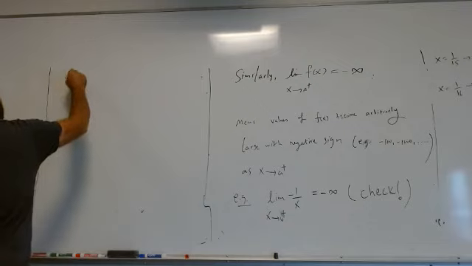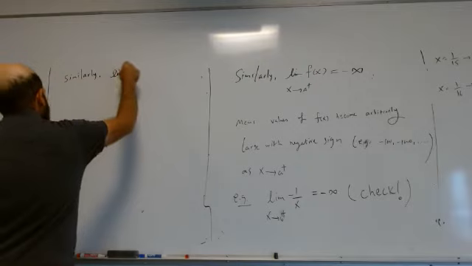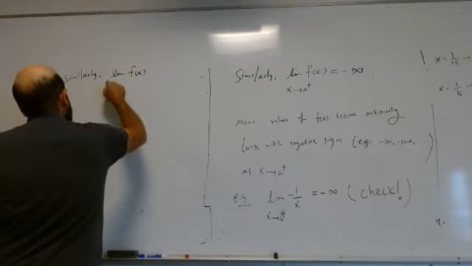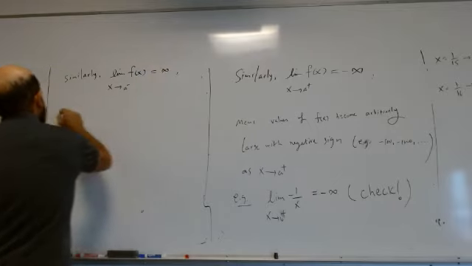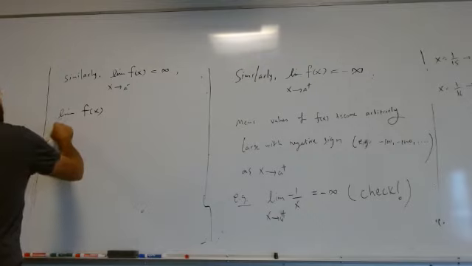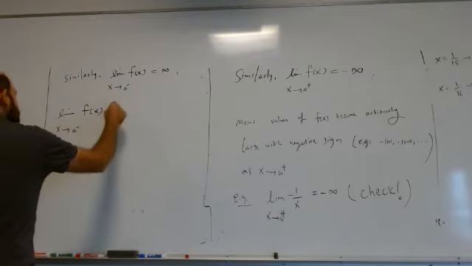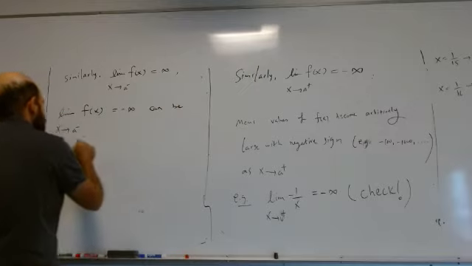So similarly, limit f of x as x approaches a from left equals infinity, and limit f of x as x approaches a from left equals minus infinity can be defined.